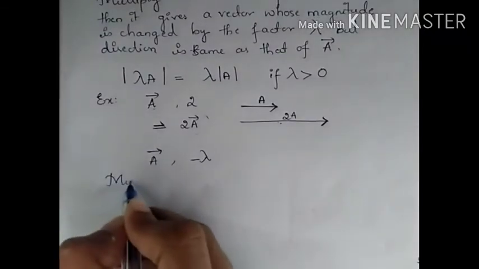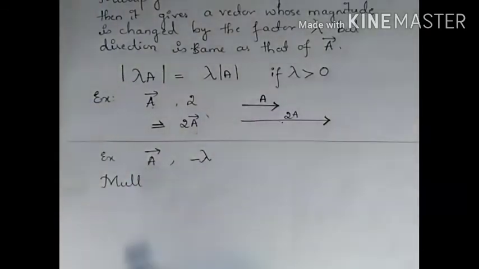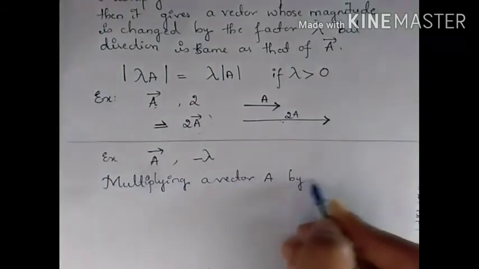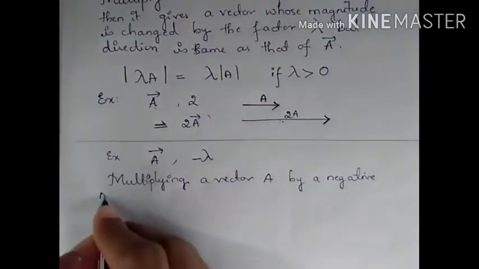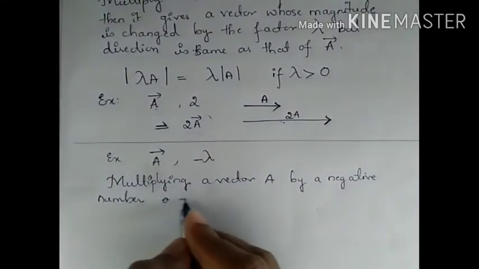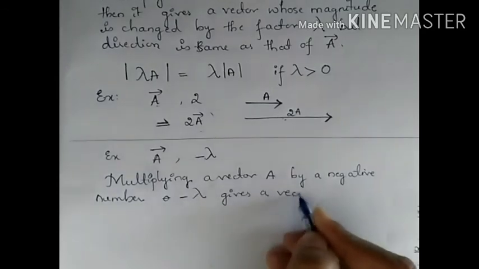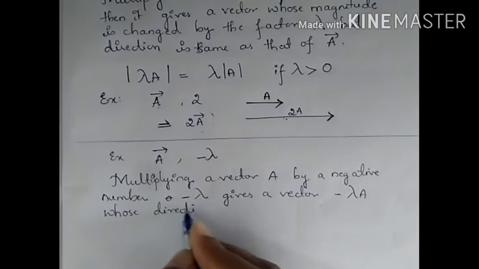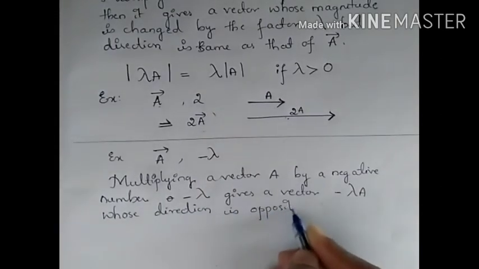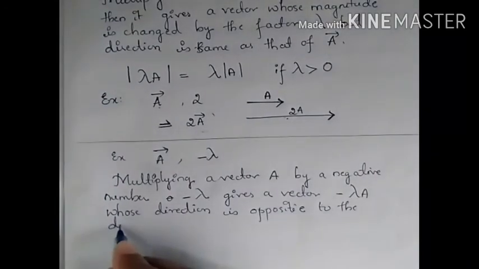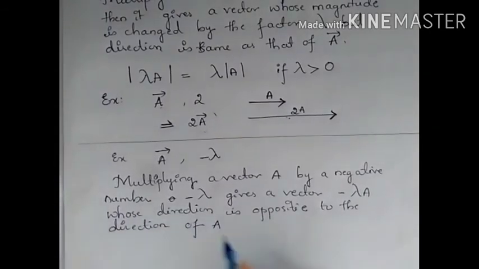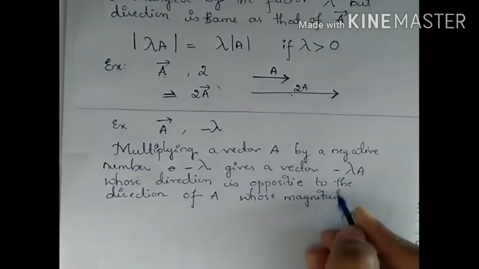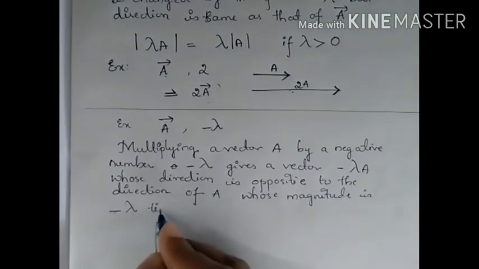That is, multiplying a vector A by a negative number minus lambda gives a vector minus lambda A, whose direction is opposite to the direction of A and whose magnitude is lambda times A.